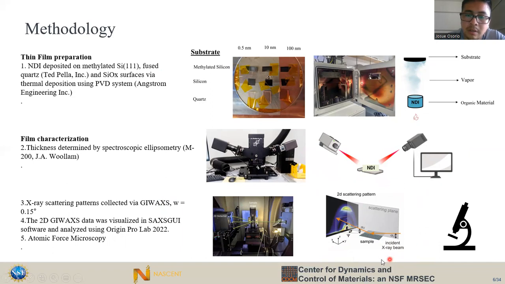Now, what happens is that we have the X-rays coming in this way, hitting our sample, and then all the light is going to go to a detector in different ways. It's going to be scattered. And then we are going to see the surface of our film with a microscope called atomic force microscope.